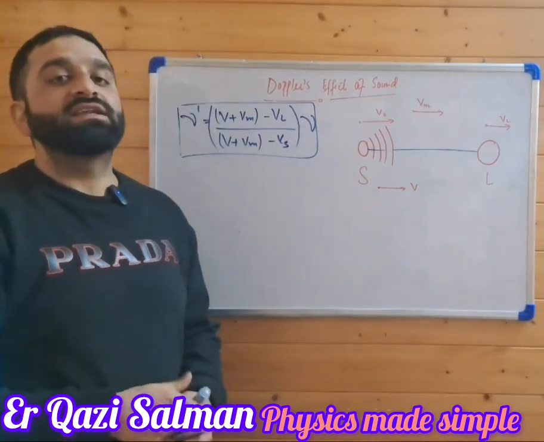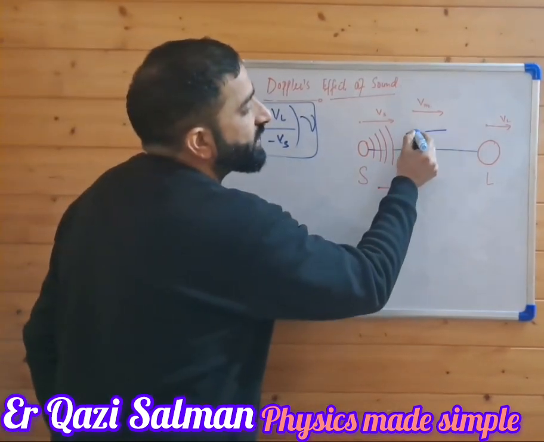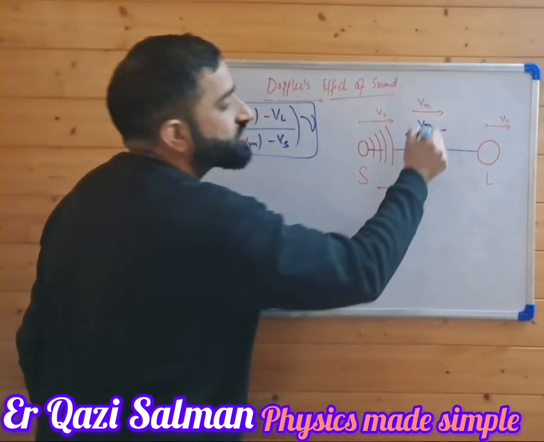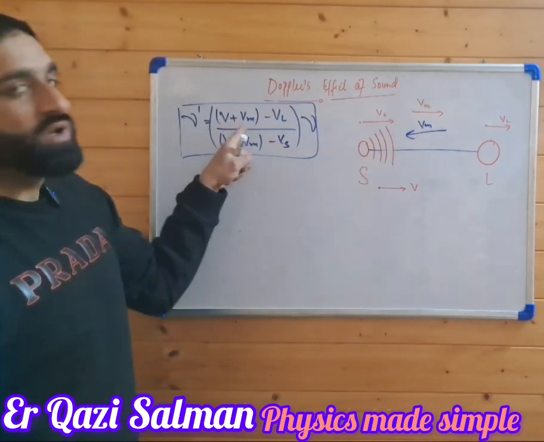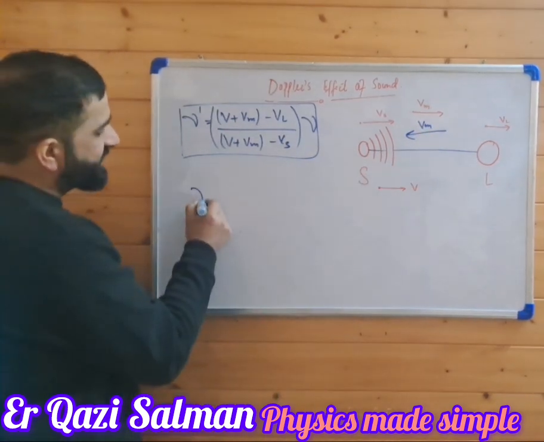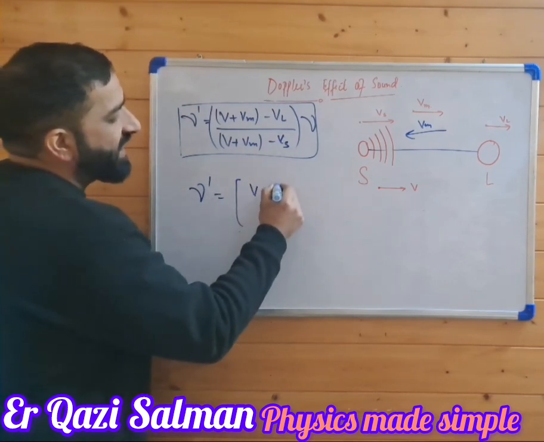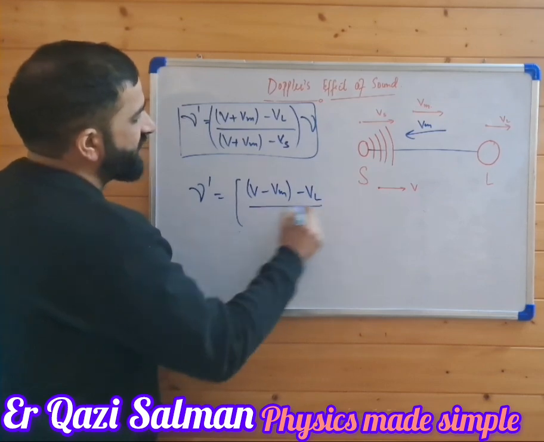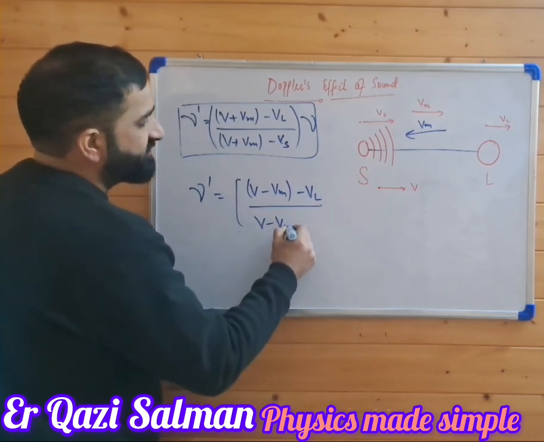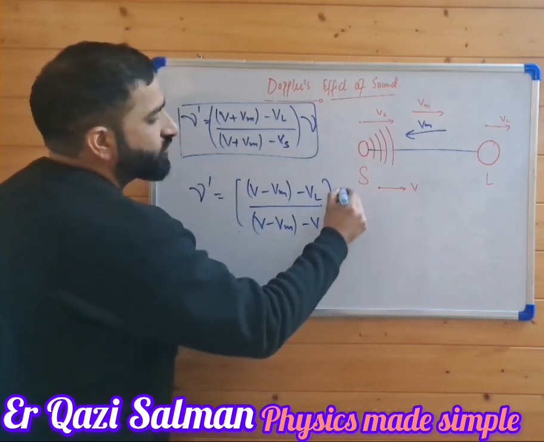If we take another general scenario, in which the medium is moving in the opposite direction, in that case the sign of vm is reversed from plus to minus. In that case, the apparent frequency is equal to v minus vm minus vl divided by v minus vm minus vs into nu.